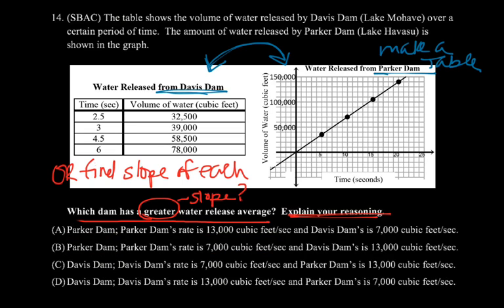So we're going to do this both ways. I'm in the blue. I'm going to go ahead and graph Davis Dam. And when I try that, take a look here for a second. 2.5 and 32,500. To be completely honest, especially with this being so small, this is going to be difficult.